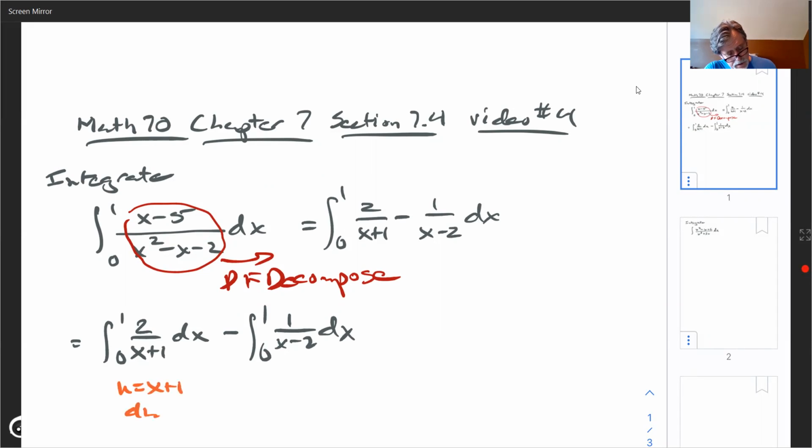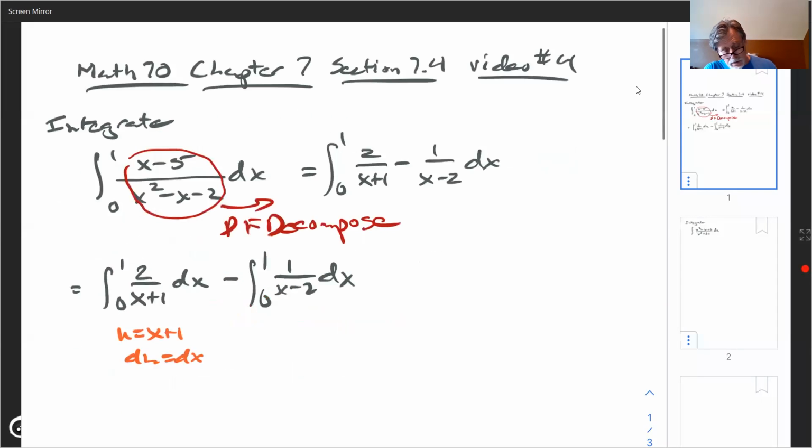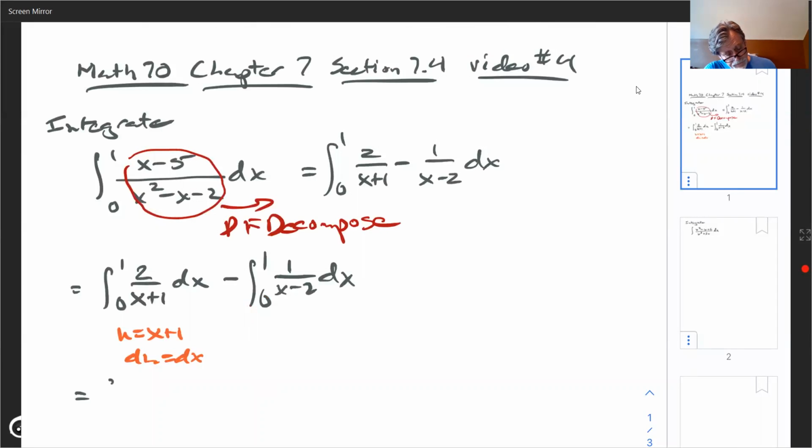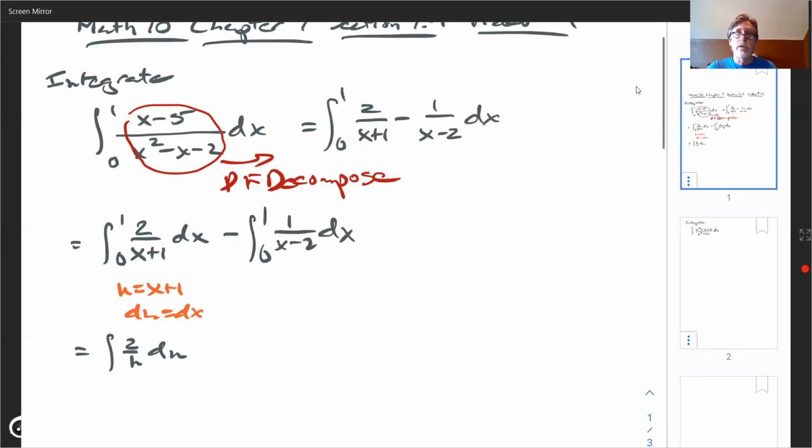So du is dx. I know that you can do it very quickly, but what we have is an integral of basically 2 over u du, which is the integral of 2 times 1 over u. And guess what that is? It's equal to 2 natural log absolute value of u, but really what we're looking at is x plus 1.